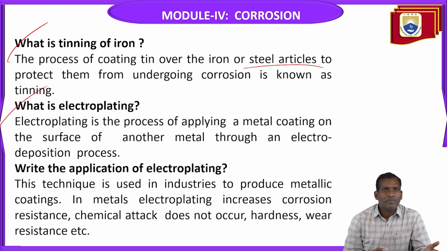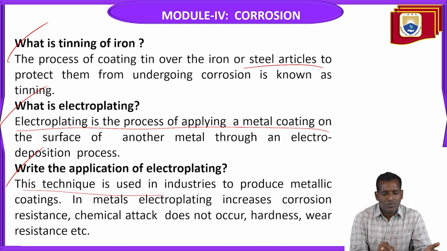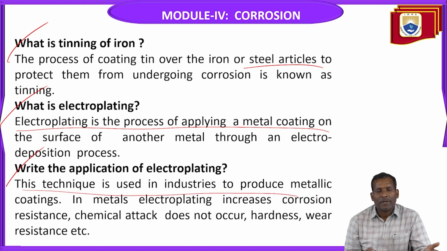Next, electroplating. Electroplating is the process of applying a metal coating on the surface of another metal through a deposition process. Write the application of electroplating. This technique is used in industries to produce metallic coatings.